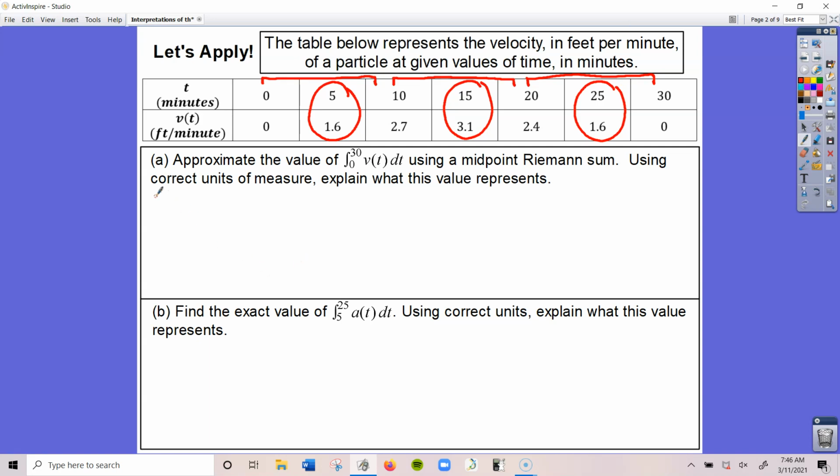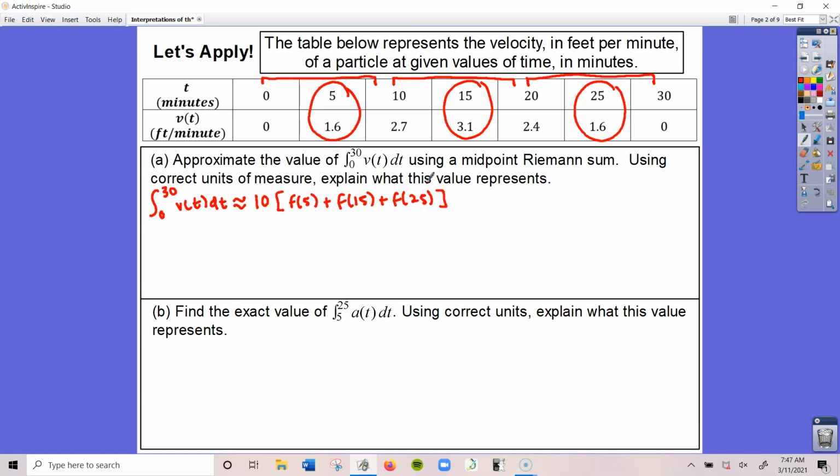So here we go. If we want this approximation, the integral from 0 to 30 of v of t dt is approximately, now if you look at each one of these rectangles, they all have a base of 10, since it goes from 0 to 10, then 10 to 20, and then 20 to 30. So we can put 10 on the outside, and for our function values, we're going to use the midpoints: f of 5 plus f of 15 plus f of 25.